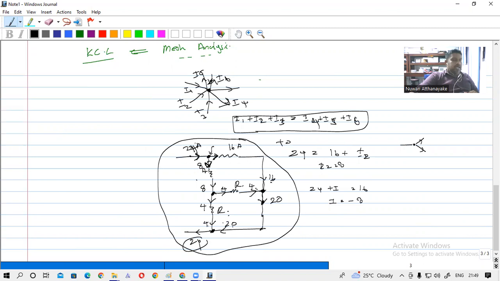And we will start the AC analysis part. We have to deal with LRC components, with R meaning resistance, L inductance, and C capacitance. You have already learned these things.